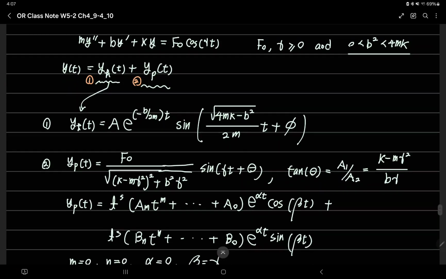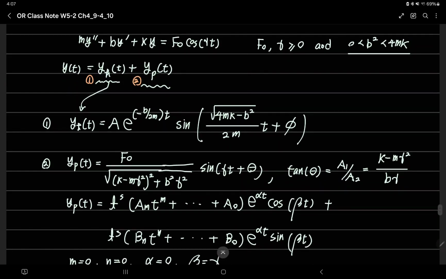Using the method of undetermined coefficients, y sub p turns out to have this form. The phase angle theta can be found by this formula: A1 over A2 is equal to (k minus m gamma squared) over b gamma.